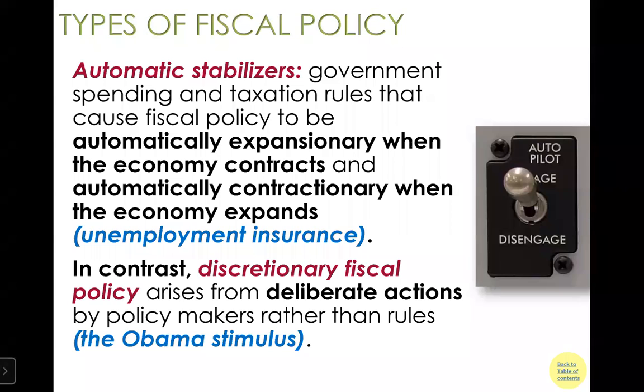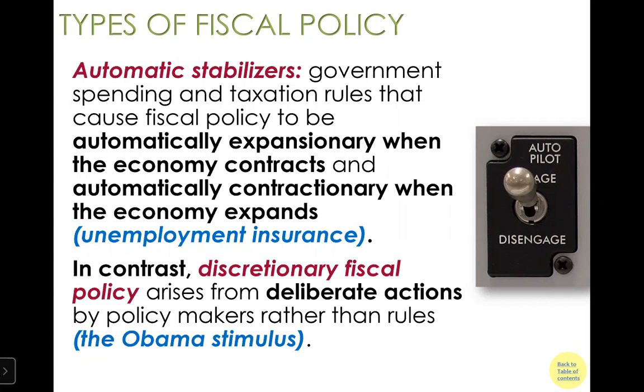Just keep that in mind. This unemployment insurance is an automatic stabilizer in the sense that, first, it automatically applies, because whenever you're unemployed, you can go to the Social Security office to claim your unemployment insurance. And secondly, the government program will adjust based on the state of the economy.